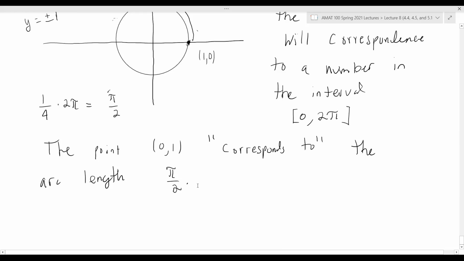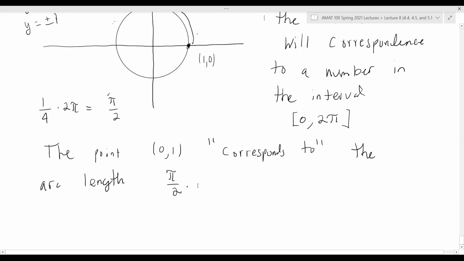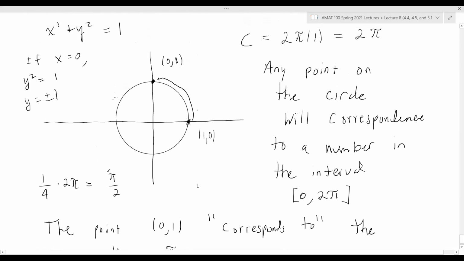So now we went from using 2 numbers to specify a point on the circle to just 1 number. We just measure how far along the circle we've traveled, and that will give us a point on the circle.